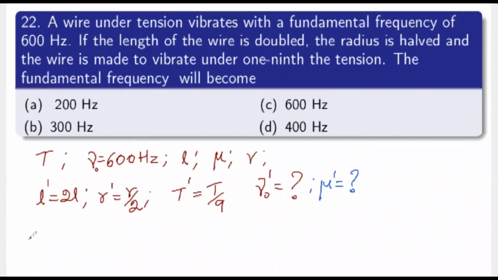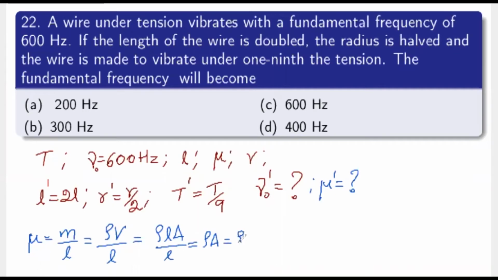So how do we define mu? Mu is mass per unit length, and mass can be written as density into volume. The volume can be written as cross-sectional area into length. So L cancels, giving density times A. What is the area of cross-section of a wire of radius R?